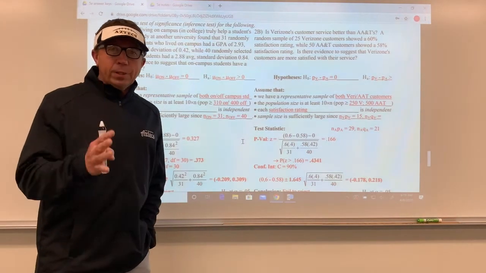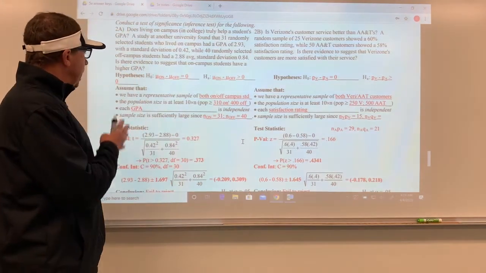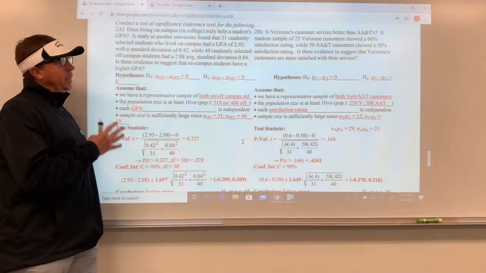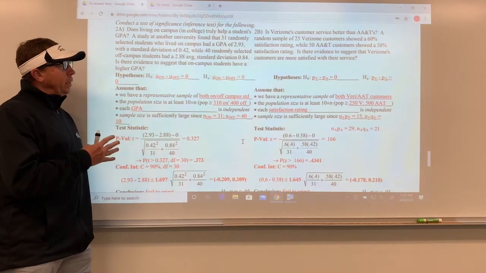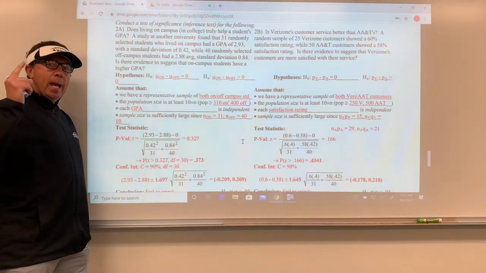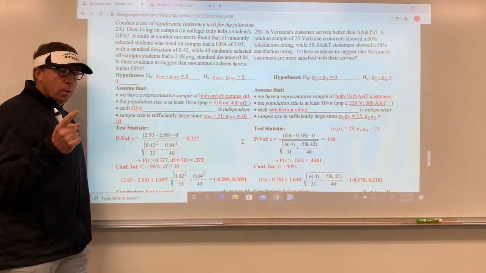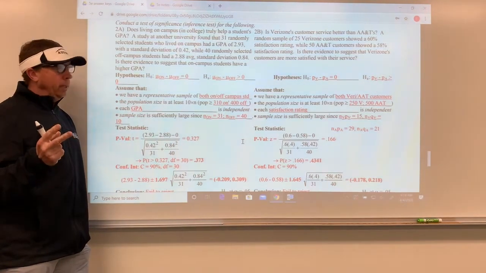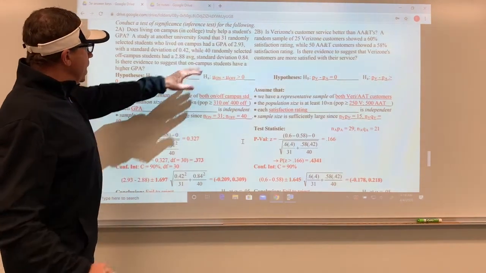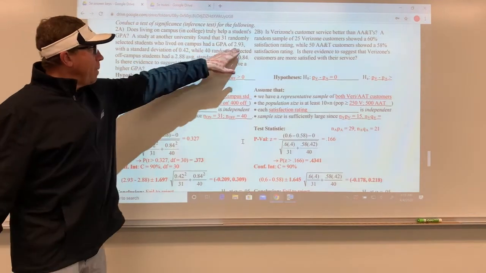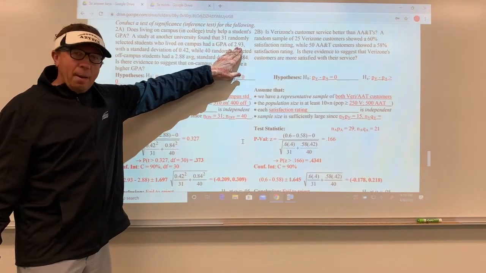All right, the first thing you do when you get a question like this and you realize it's a significance test is you're going to ask yourself, is this a mean or is this a proportion? And this is clearly a mean because you're talking about a GPA of 2.93. This is not a percentage.